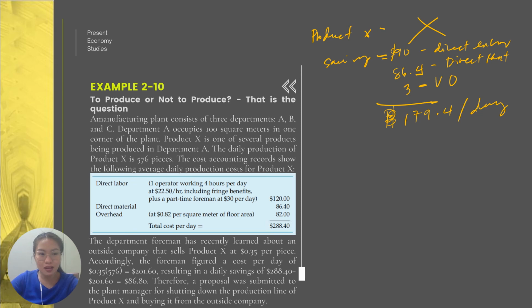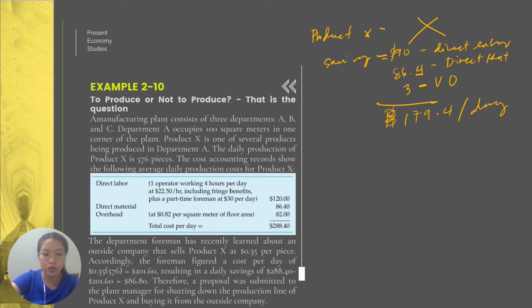And 179.4 is less than that cost accounting record, and it would not exceed 201.6.